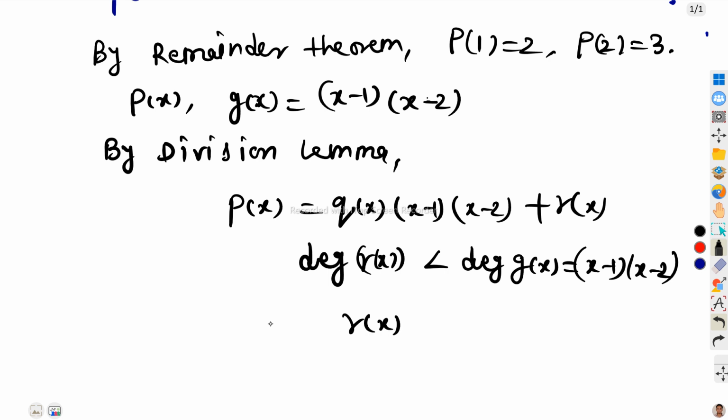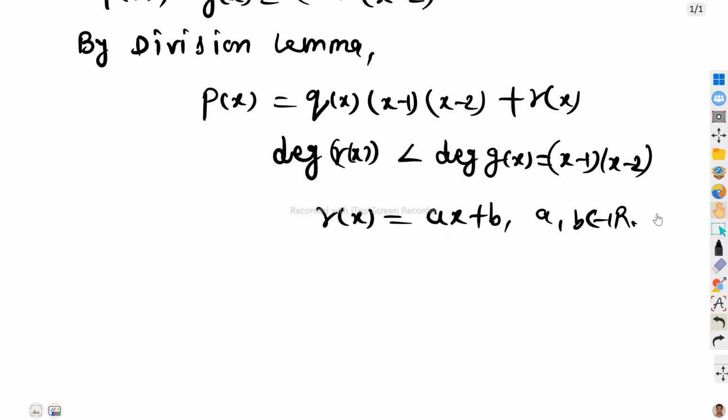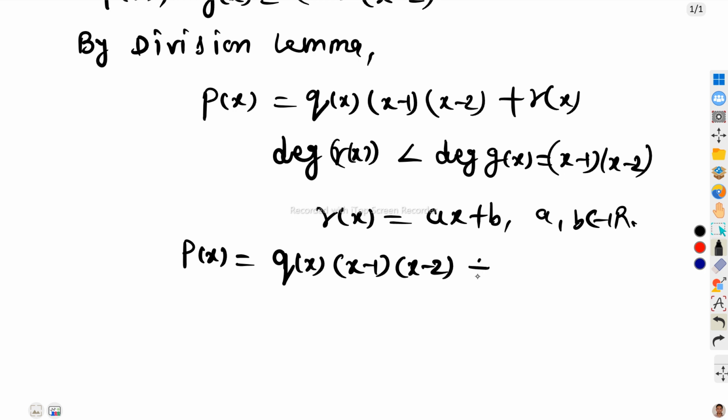So let's suppose r(x) equals ax plus b, for some a and b in real numbers. So we can write p(x) as q(x)(x minus 1)(x minus 2) plus ax plus b.